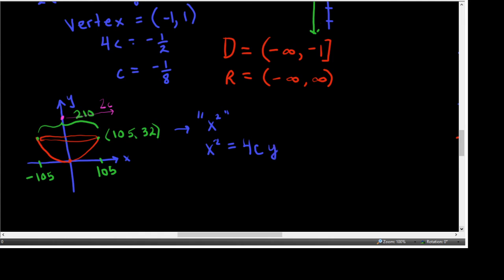So that's x minus 0 squared equals 4c times the quantity y minus 0. And because we know that one point on this has coordinates 105, 32, I can substitute that into the equation I have so far. 105 squared will equal 4c times 32.